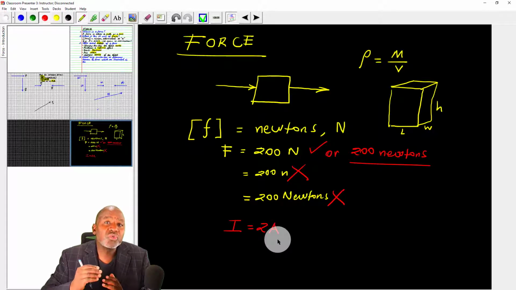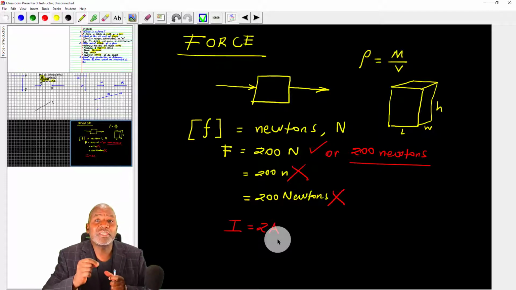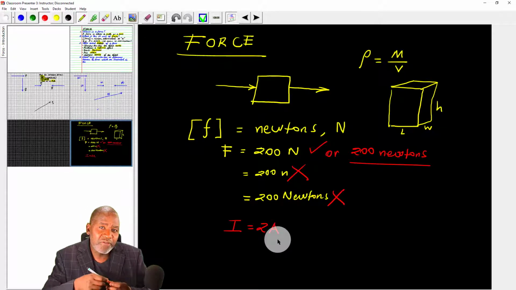Forces can also change the shape of an object. For example, if you get a spring, you are able to apply a force and distort it. You're going to make it longer, and if it was something like a balloon, you can squash it so that its size becomes smaller. So it can change the shape of an object, or even change its size.